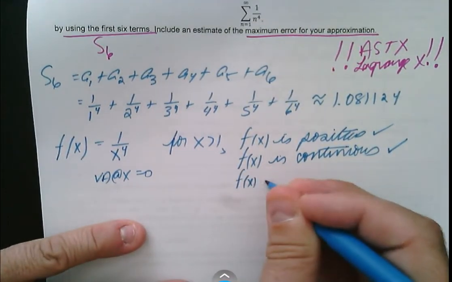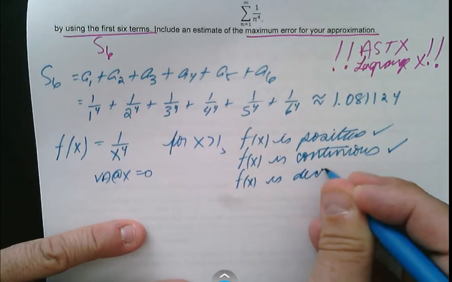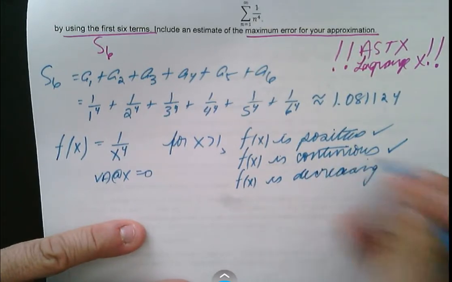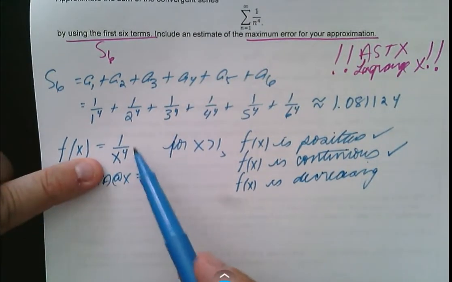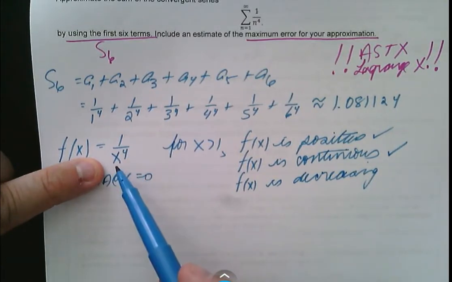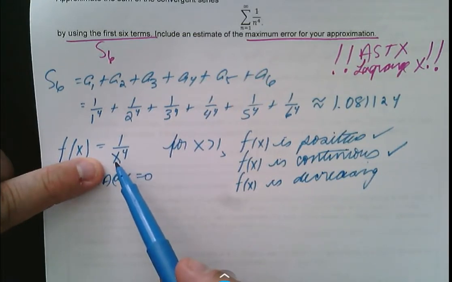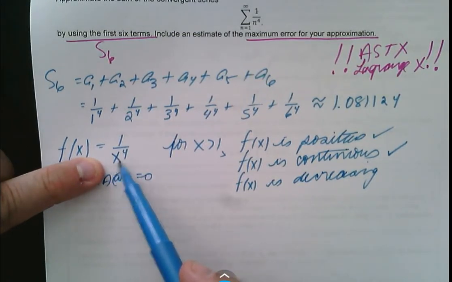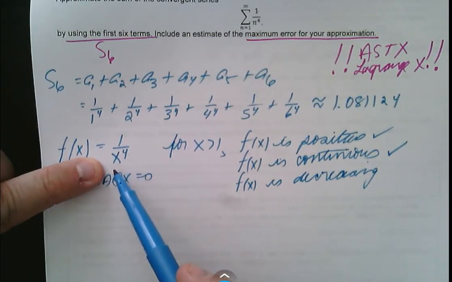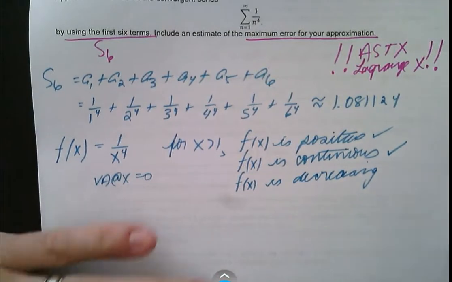And the last thing is that f of x is decreasing. Well, you could take a derivative and show that the derivative is negative. Or you could just say, what happens as the x values get big? As the x values get larger and larger, I raise large numbers to the fourth power, that gets big fast. 1 divided by big is small.